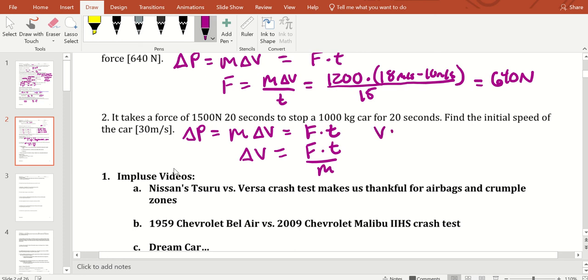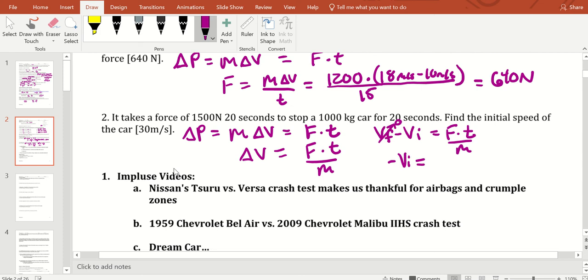We know change in velocity is going to be vf minus vi equals force times time over mass. Now in this example, we know that our final velocity is going to be 0. So in this case, we're really just solving for vi. There'll be a negative sign because the force is going to be in the opposite direction of velocity to show they're in opposite directions.